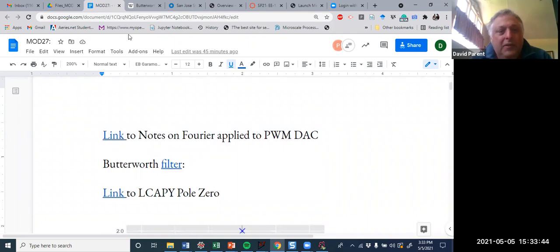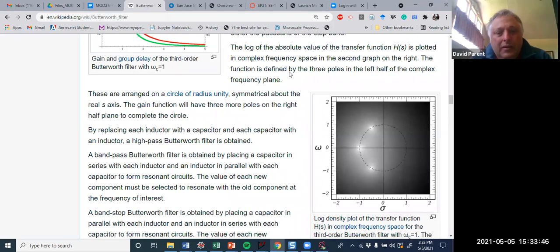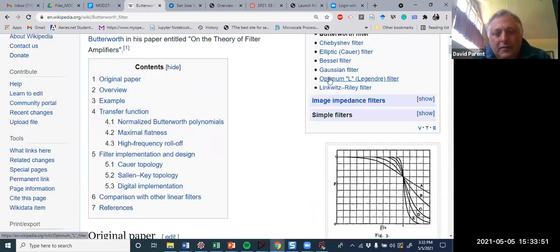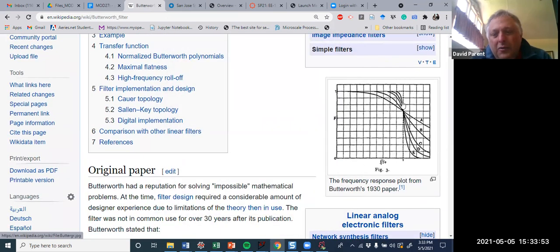The Butterworth filter, what it does is that the higher the order, the sharper it is. Now, why are these lines not straight? Why are they kind of curving? That's because this is a linear axis. And the higher order the filter, the sharper it becomes, but the longer it takes your signal to propagate through the circuit.